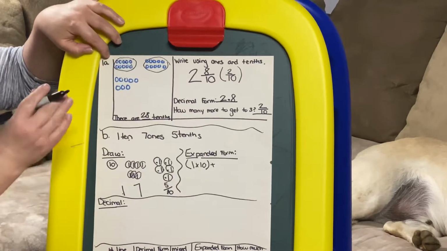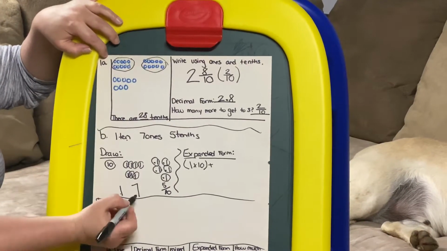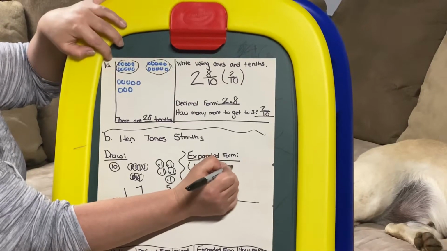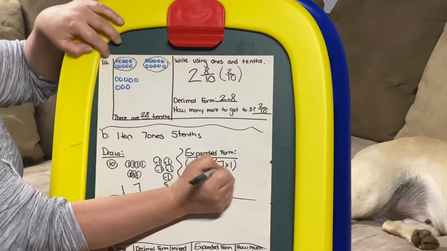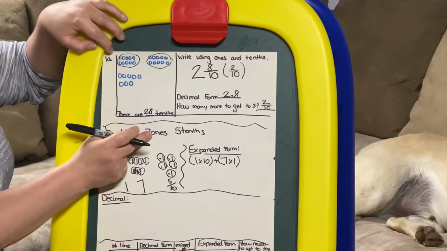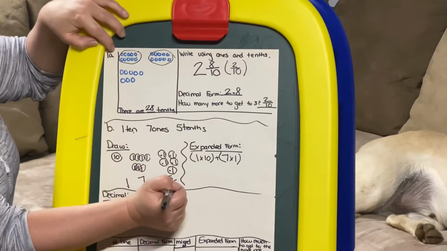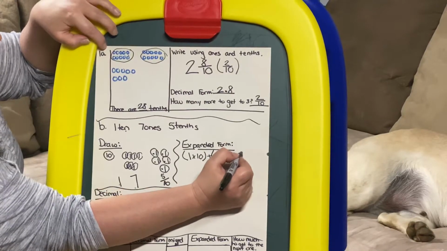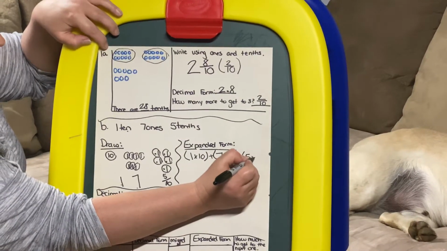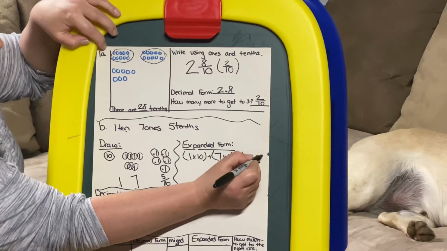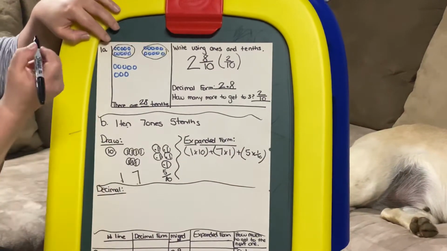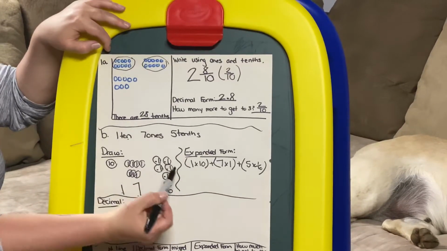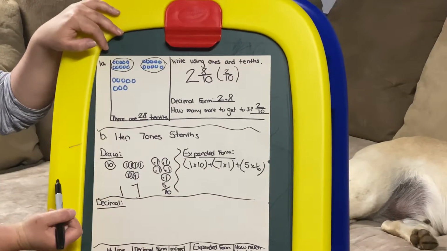I have 7, and we know anything times 1 is its number, so I have 7 in the ones spot, so I keep 7. And then I'm going to add 5 times 1 over 10. Because if we think back to how we multiplied, 5 times 1 is 5, and we keep our denominator. So this is our expanded form.